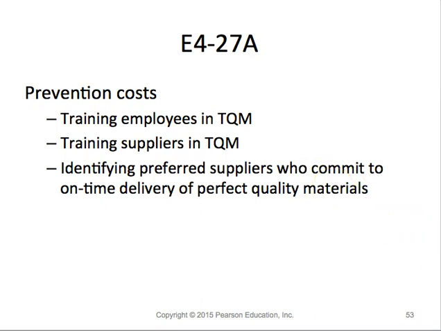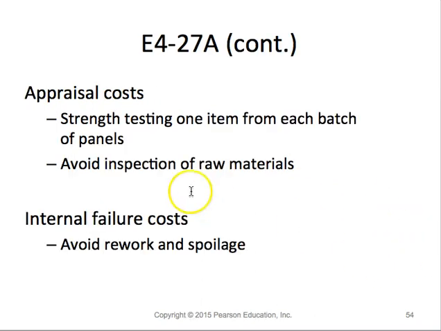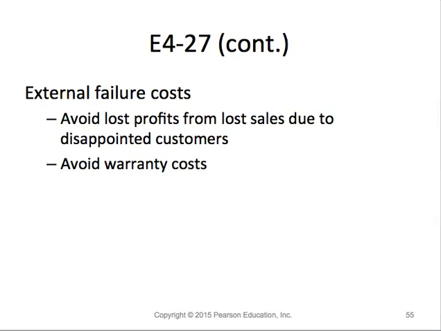Appraisal is to strengthen testing of one item from each batch of panels, and avoid inspection of raw materials. Internal failure is rework and spoilage, and the external failure cost is the loss of profit due to lost sales because of disappointed customers, and also the warranty costs.